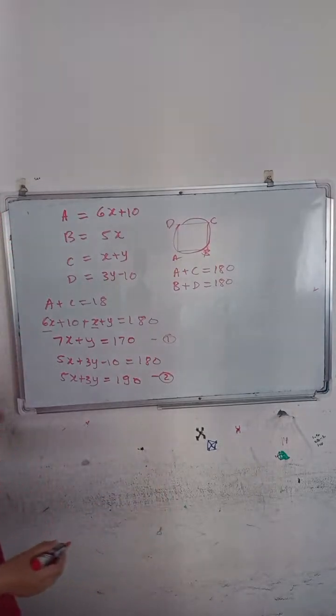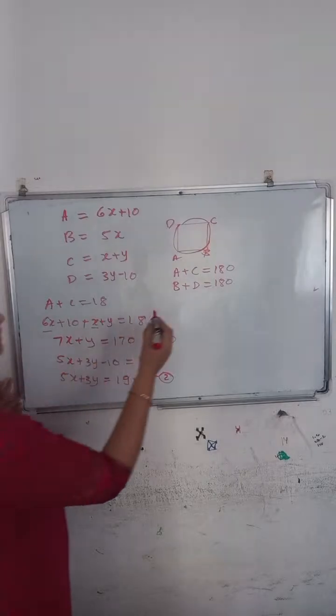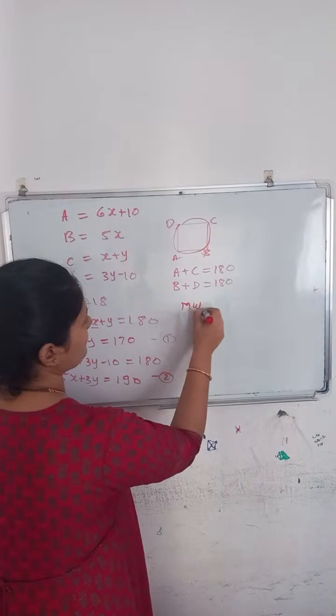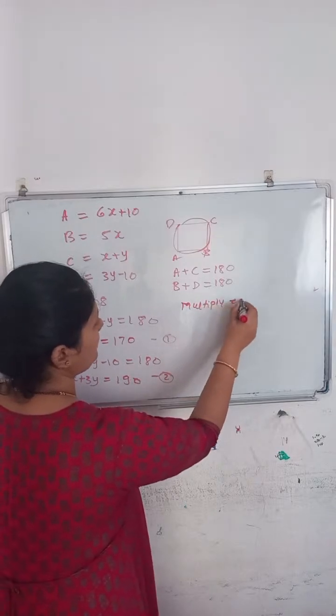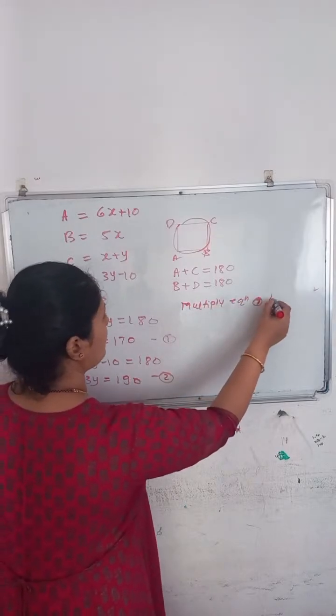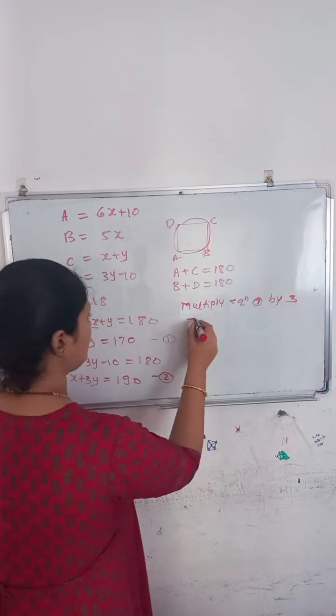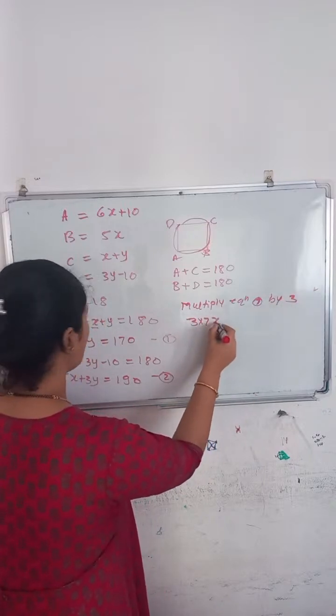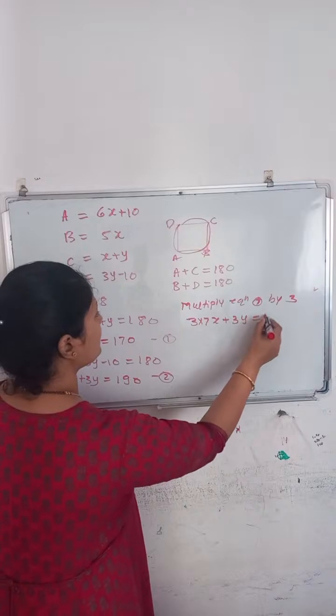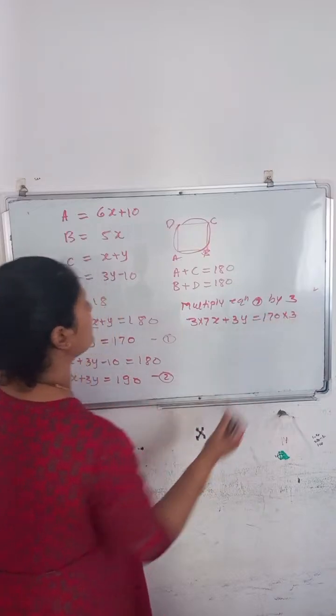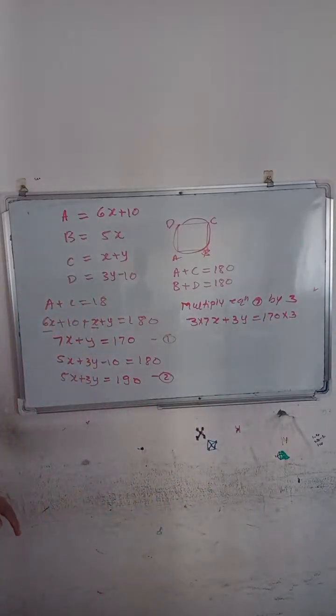Now if you observe here, if I multiply equation 1 by 3 and subtract, then y gets cancelled. Multiply equation 1 by 3, then 3 into 7x + y = 170 into 3. Multiplying by 3 means you multiply both the RHS as well as the LHS.